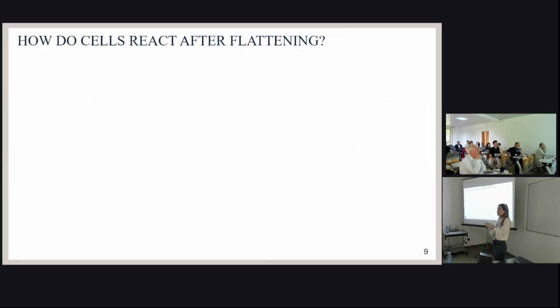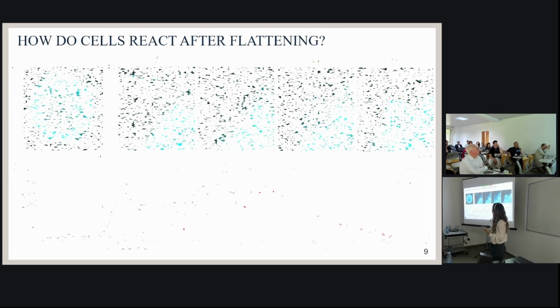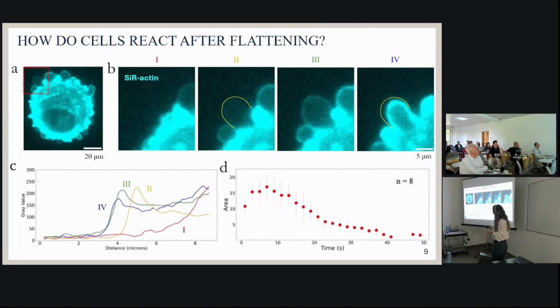After we flatten the cells, the first question we asked is how cells react when exposed to this confinement. For that we did time-lapse imaging, and in this first image, we can see that immediately after flattening, small protrusions appear around the surface of the cell. These types of structures are called blebs.